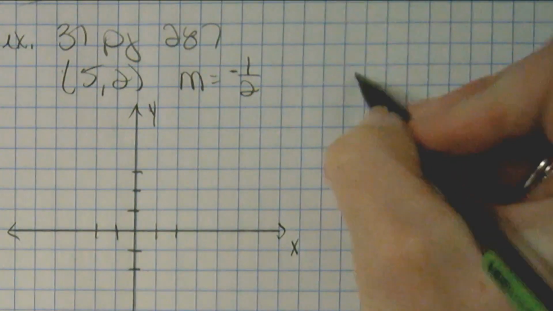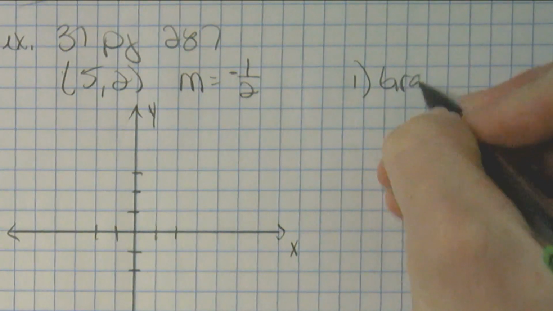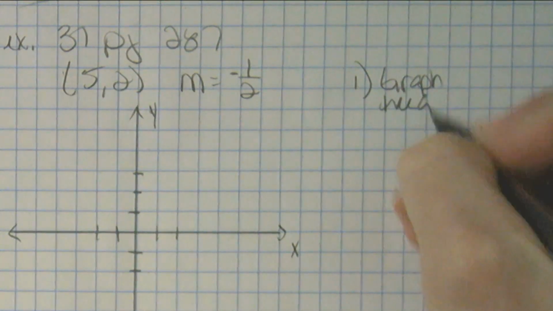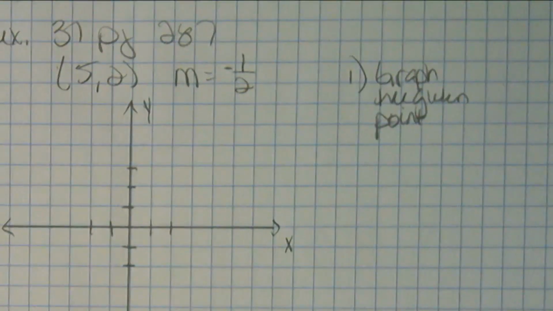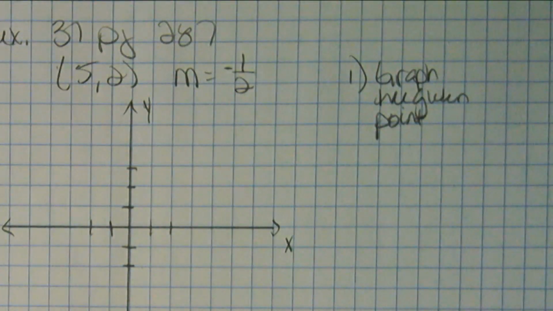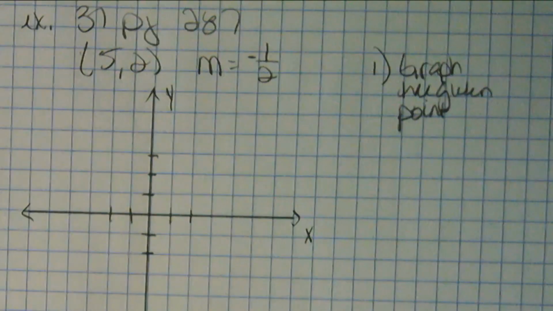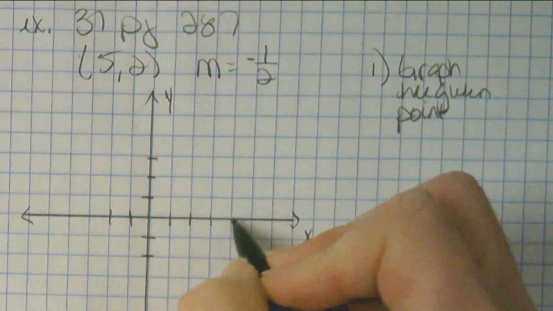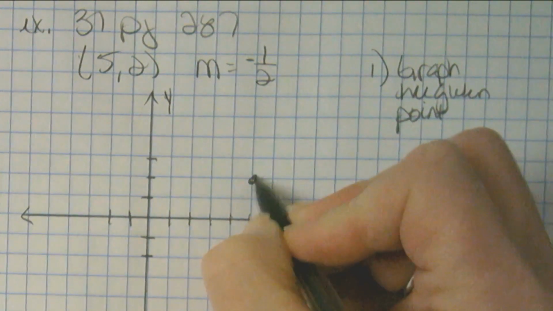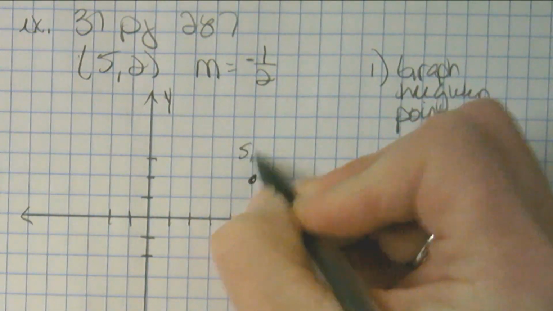Then I want you to graph the given point. So you start by graphing that given point. 1, 2, 3, 4, 5, and then up 2. So there is (5, 2).